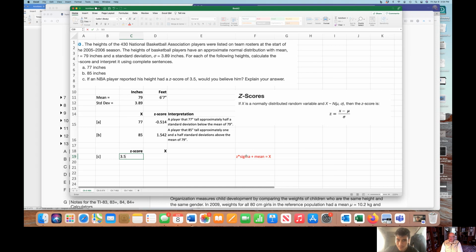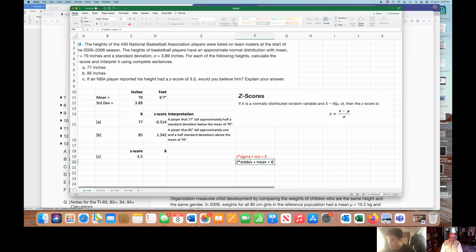I'm using half Greek letters, half words. I should write this as mu, or I can write it this way: z times standard dev plus mean equals x. At least that way it's consistent.